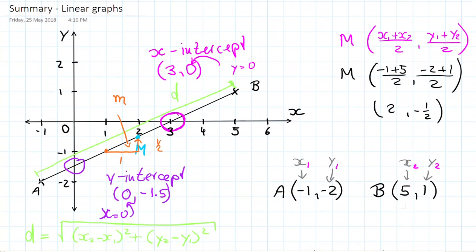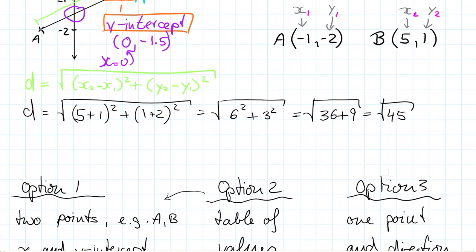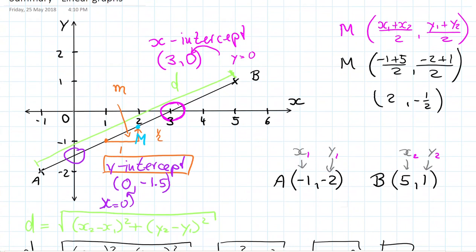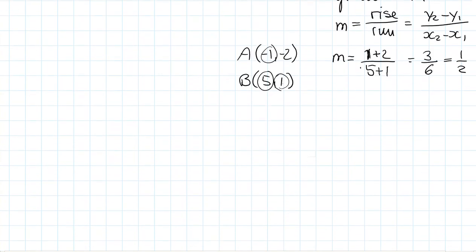Usually, one last thing I want to tell you is when you prefer to take option 3. So having an anchor point and a direction, we take the gradient, that's for sure, but we like to start actually with our y-intercept as our anchor point. So then when we do that, we get a kind of linear equation for our line through A and B that is in gradient intercept form.